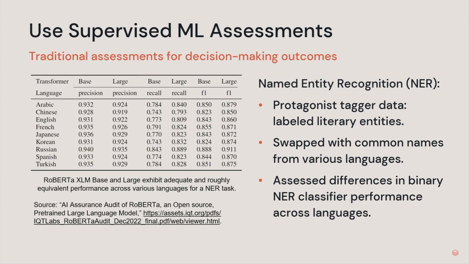And what they did is they used what's called the protagonist tagger data set, which is a tagged language corpus from popular literature, and they swapped out some of the literature characters' names with names from other languages. And then they applied precision, recall, F1, fairly standard supervised machine learning assessments to this binary classification performance, okay?